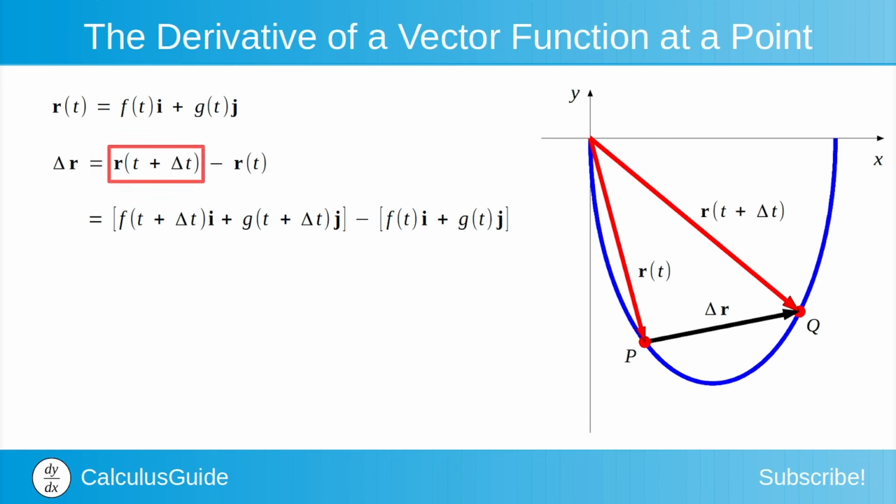Here, I'm expressing r of t plus delta t as [f of t plus delta t i plus g of t plus delta t j], and I'm expressing minus r of t as minus [f of t i plus g of t j].